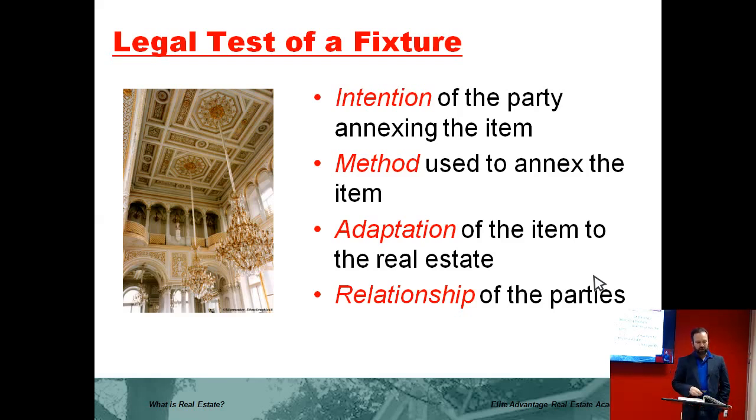The relationship of parties. So how it works and how important is it when we go out to list the property for sale? That's why we have to do a visual inspection of the property. We have to ask questions. Something that looks out of place, we have to say, hey, is that Tiffany lamp staying? What does it mean to you?